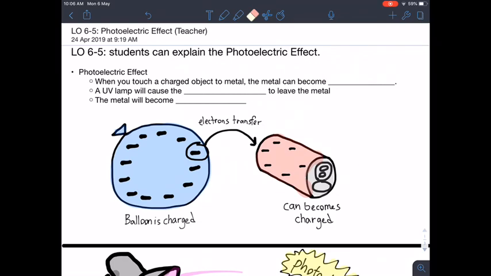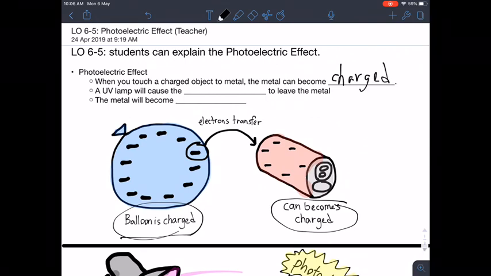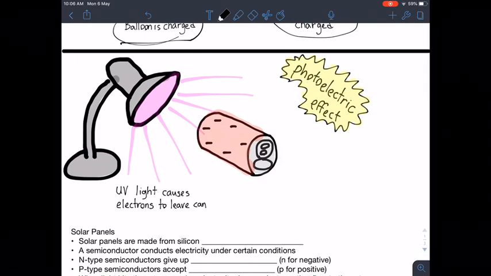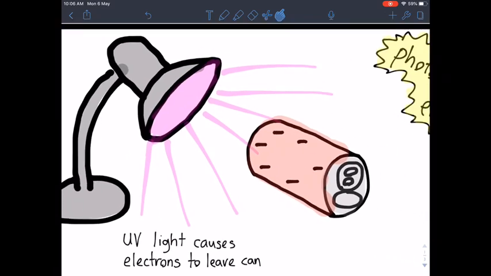So let's start with this. When you touch a charged object like this balloon right here, which has a bunch of electrons on it, to a metal, which originally is neutral, the metal can become charged. And the photoelectric effect comes in where you take a UV lamp and you shine it on that charged metal.